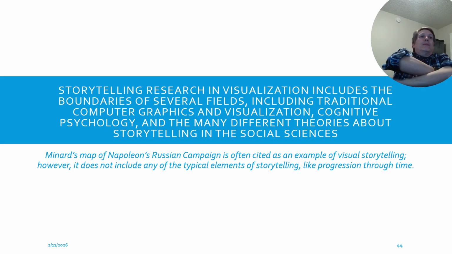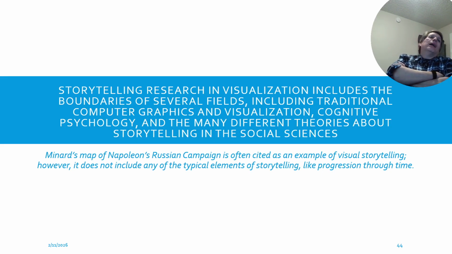Then storytelling visualization has the boundaries of several fields, as we have seen. From computer graphics, computer visualization, cognitive psychology, and there are different theories about storytelling in social science.